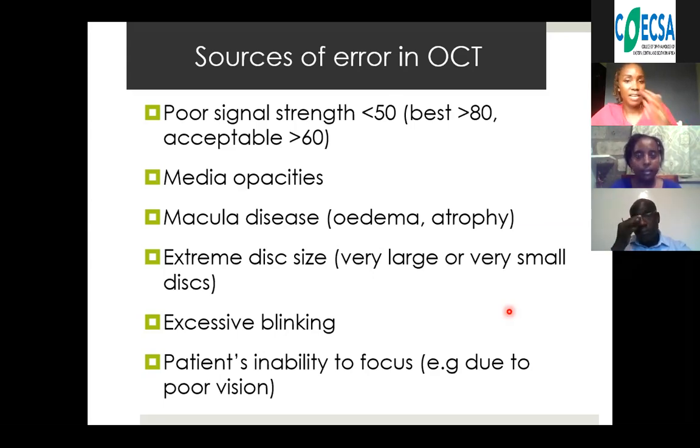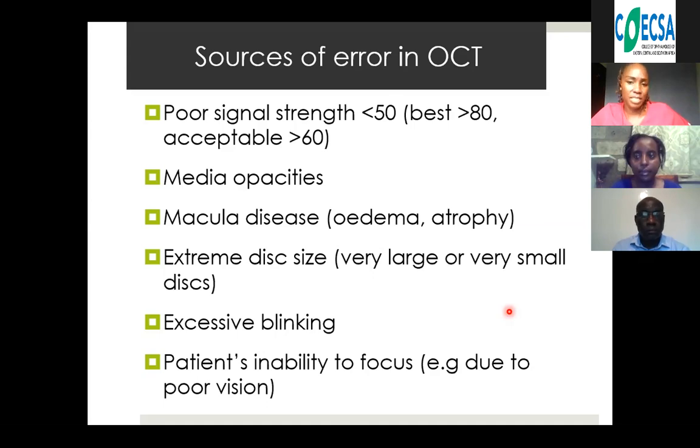Other sources of error, as I said, are media opacities. If you have a cataract or a vitreous hemorrhage, that will impede the light from reaching the retina for the image to be taken accurately. If you're taking, let's say, the ganglion cell count and you're looking at the macular area, there could be edema, there could be atrophy.